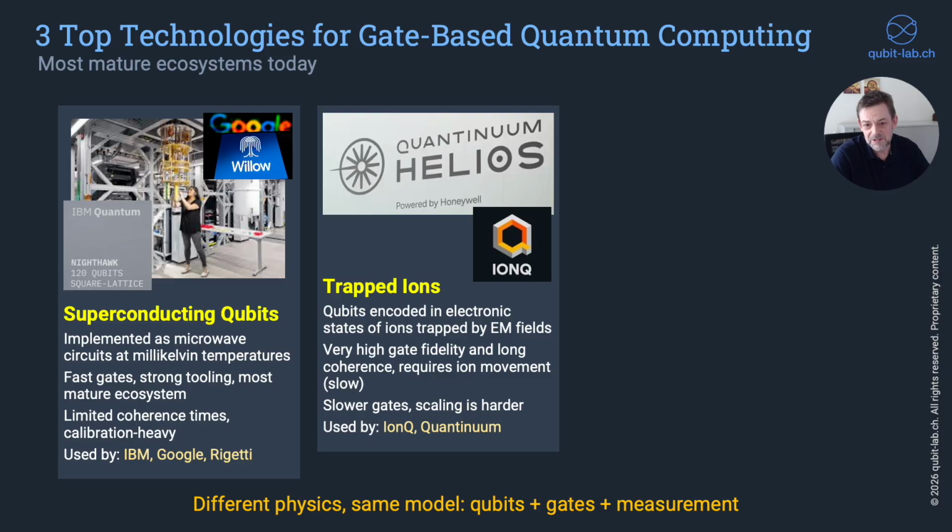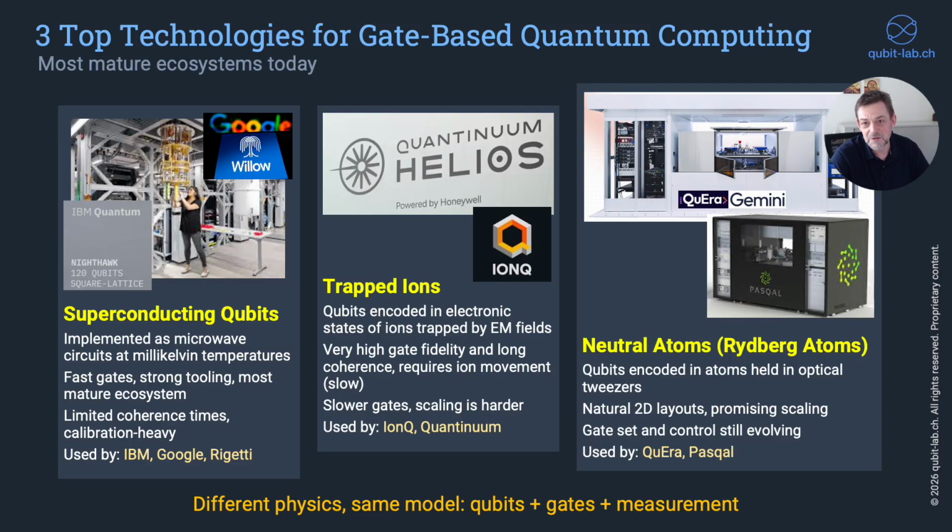It's more stable than superconducting qubits, but on the other hand, it's also super slow compared to the versions of IBM and Google. So it takes about 1,000 times longer to execute a circuit than with the first technology. But you can do deeper circuits on trapped ion systems. There are advantages and disadvantages for all the technologies.